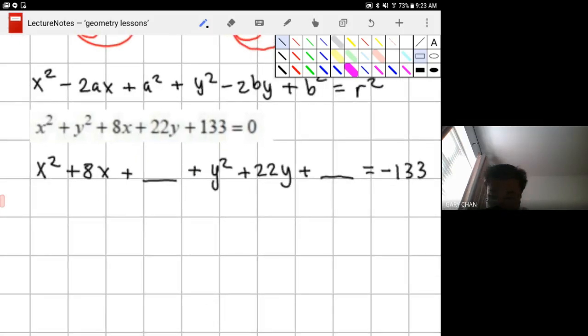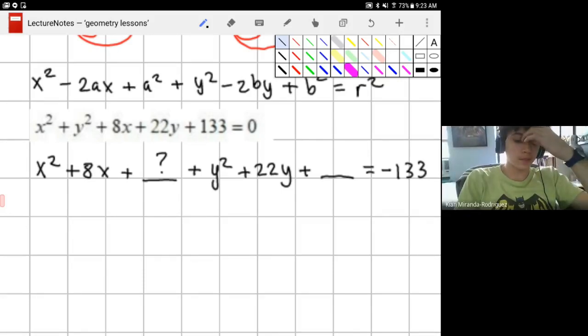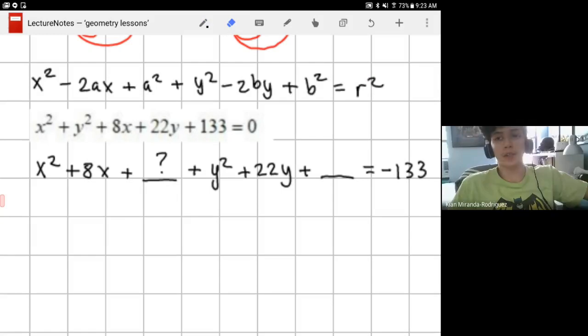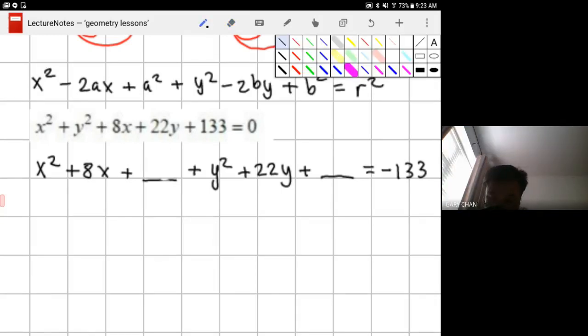As Emmett suggested, what are we going to do to find out what this number is, to complete the square, that is? Kian, you were so good at this yesterday. Do you remember what we had to do? Divide it by 2 and then square it. That's exactly it. So Kelvin, what's 8 divided by 2? 4.